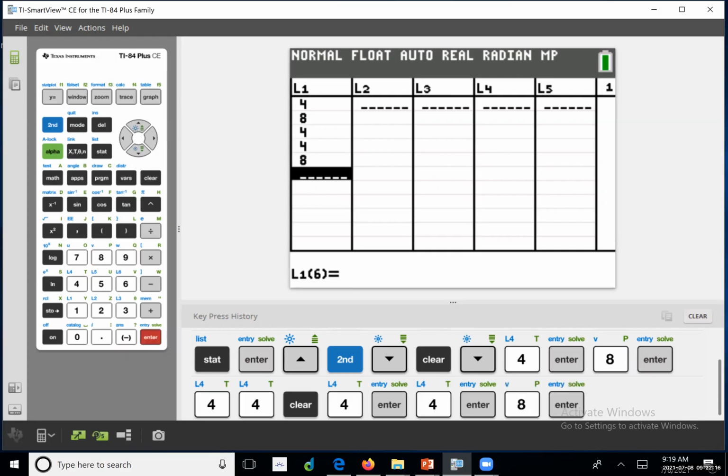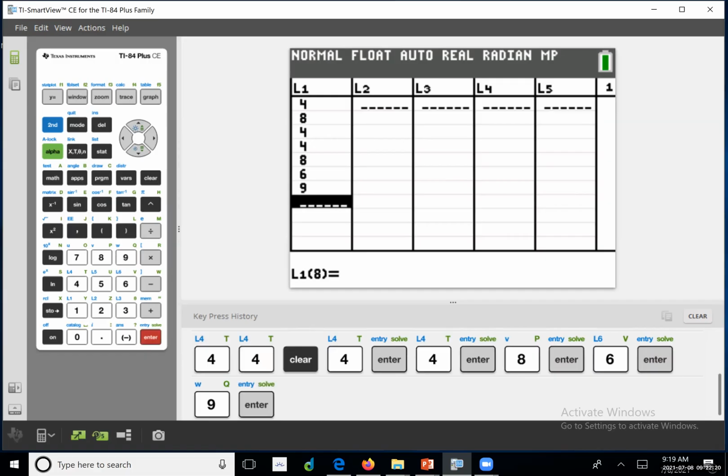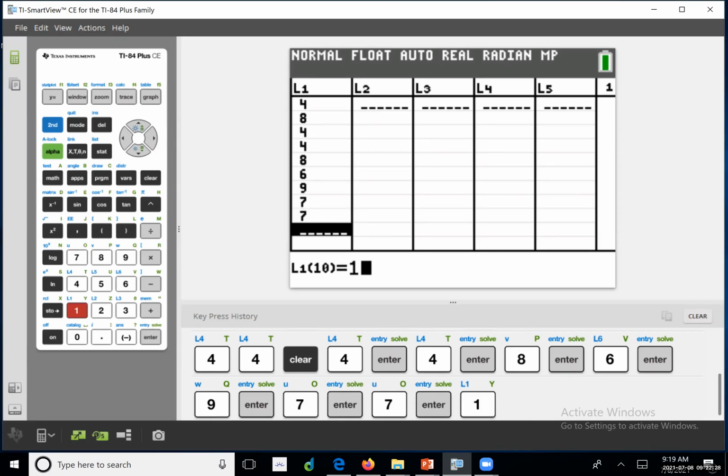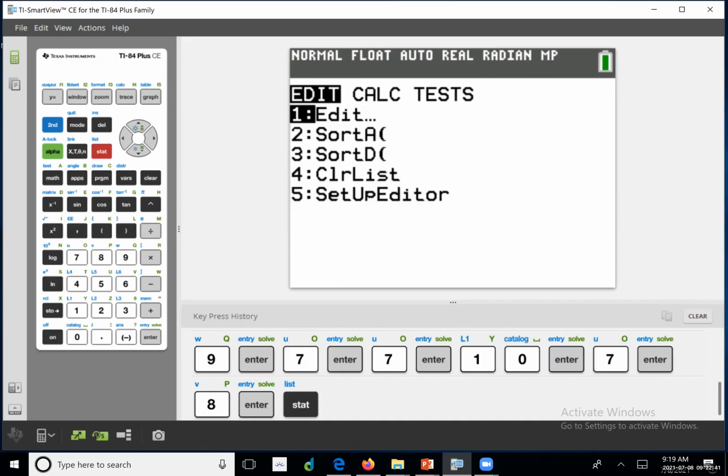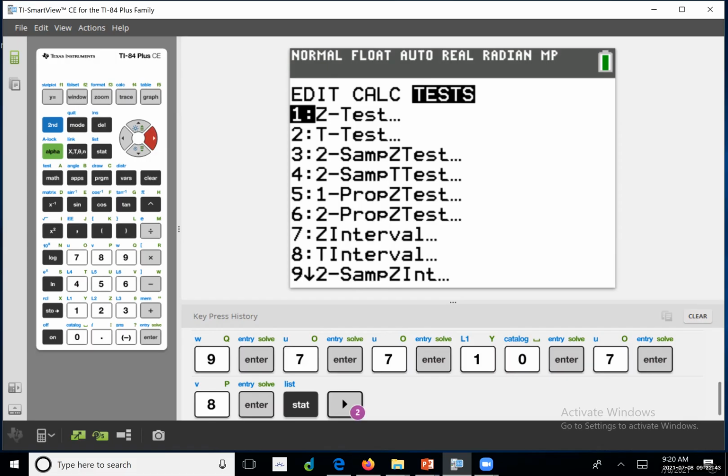Uh huh. 6977 6977. Uh huh. 1078 or 1078. I don't know. Yes, 1078. Oh, I was thinking one is pretty low. 7 and then 8. Yeah. Thank you. Okay, so let's go to stat now.